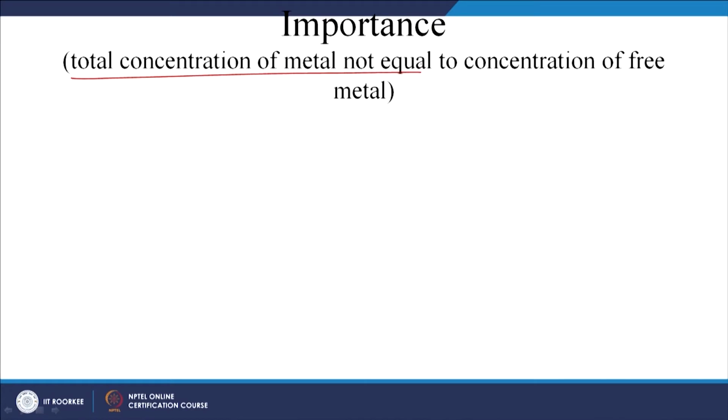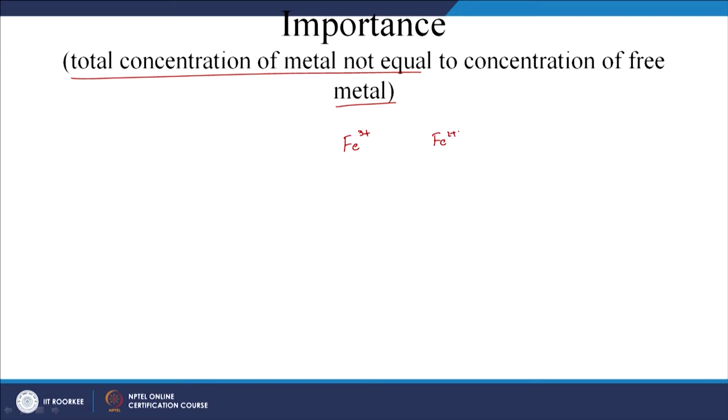So again, what's the importance of these aqueous complexes? We will briefly touch upon that for today's session. Again, we are talking about metals, so let's consider 2 aspects. Let's say we are talking about heavy metals, and in this case the total concentration of metal is not equal to the concentration of free metal. That's what we discussed earlier when we talked about Fe3 plus and Fe2 plus.